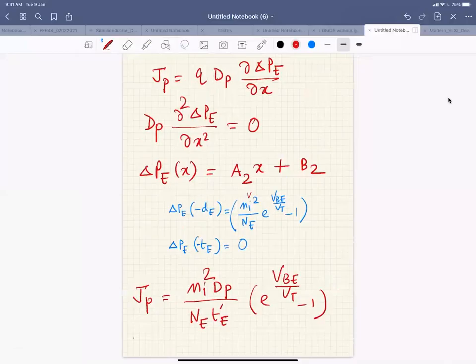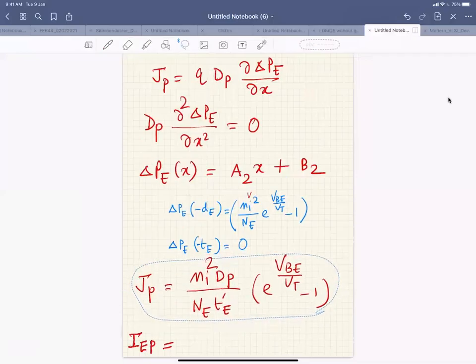Then if I want to find IEP, because I'm interested in the current, so this JP is the current density. Then I have to multiply by AE, right?